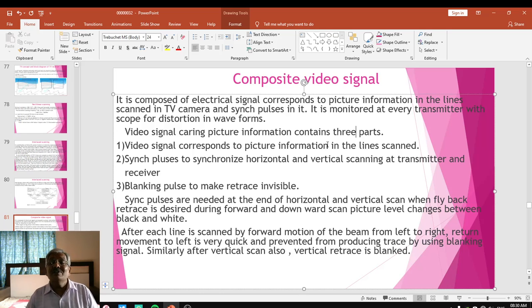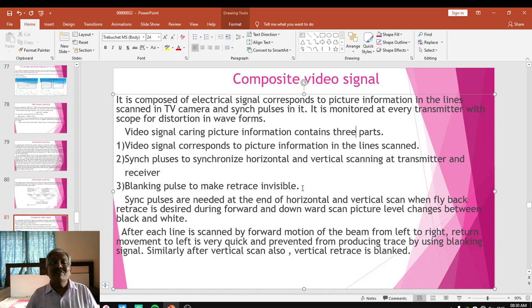The second one is to synchronize television transmission and reception: sync pulses to synchronize horizontal and vertical scanning at the transmitter and receiver, which are added in the camera tube only. And lastly, the blanking pulse to make the retrace invisible, because during the retrace period no picture information is present.